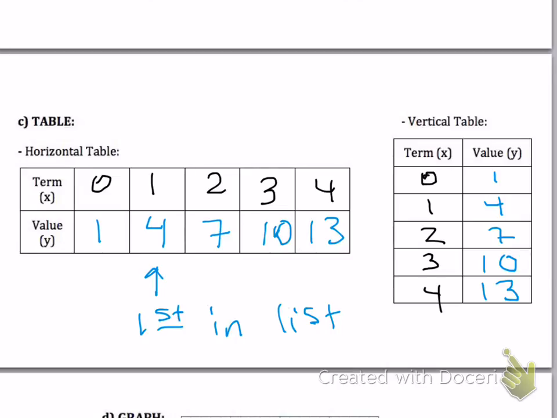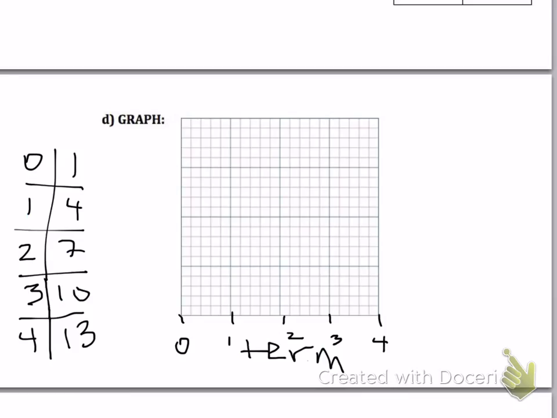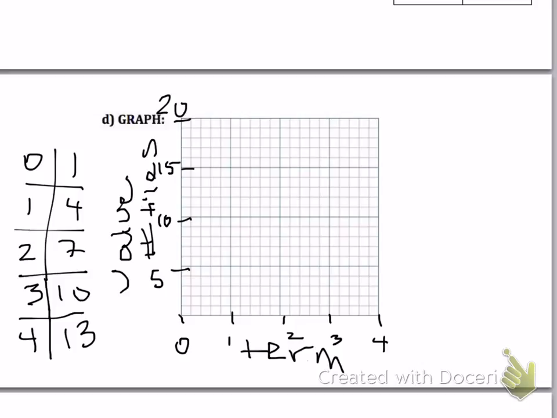Let's just check. Yep. So then going up the side here, we're going to have our value, which is the number of tiles. So we're going to go by ones here. So this right here is going to be 5, and 10, and 15, and 20 up here at the top.